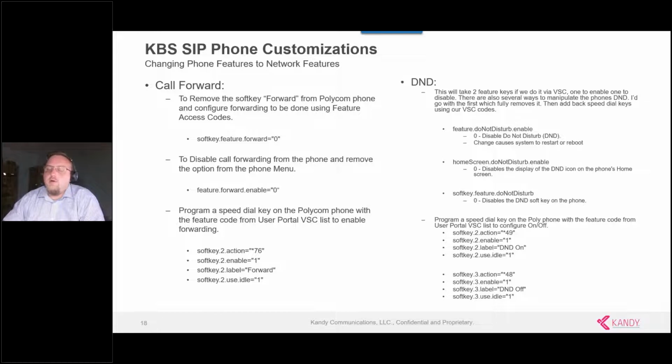There's a plethora of these features and functions that you can set at a parameter level. So call forwarding, this would essentially remove the call forwarding function from the phone. And this parameter down here at the bottom, where we're talking about soft key 2 and so on, that's where you would put your VSC code or your star code to enable call forwarding at the network level.